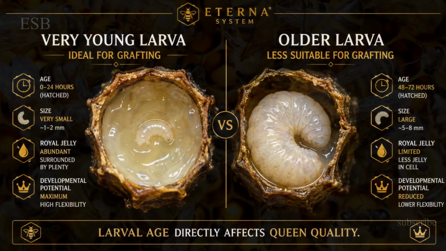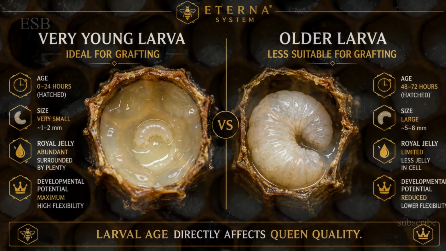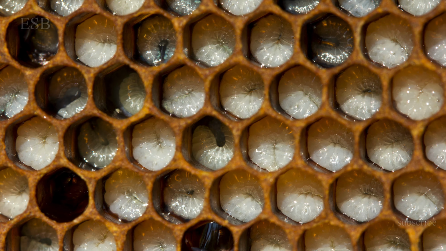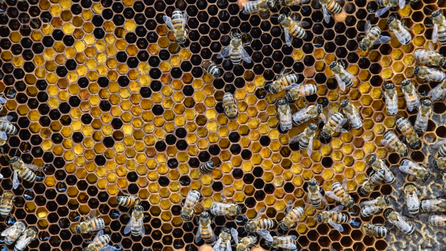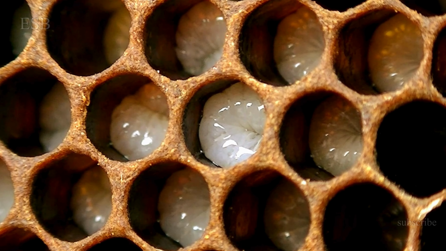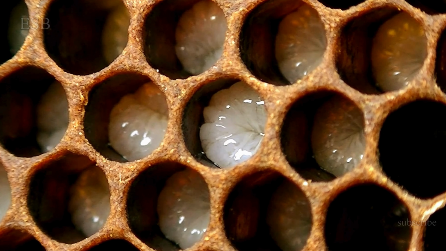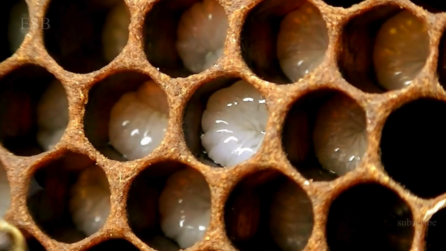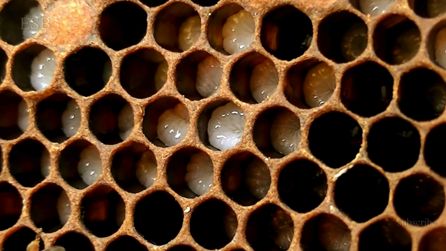The younger they are at the moment of grafting, the more time the bees have to direct their development toward the complete physiology of a queen. An older larva has already spent a greater portion of its development under the feeding program of a worker. Its developmental pathway may therefore be more limited. Precision in selecting larval age is not unnecessary perfectionism. It is one of the foundations of queen quality.